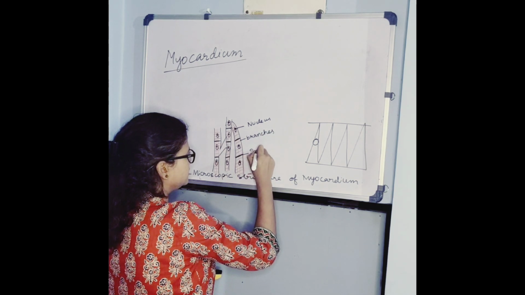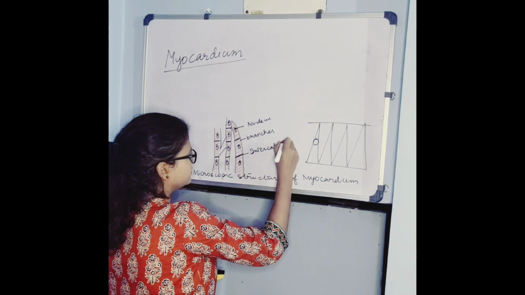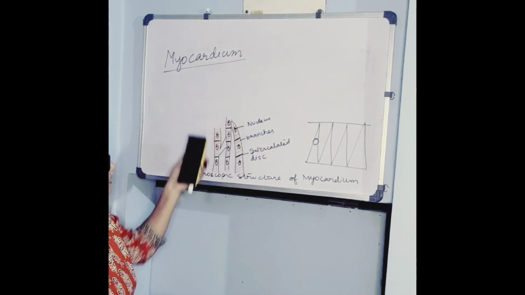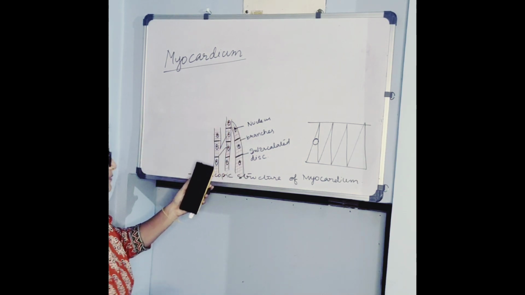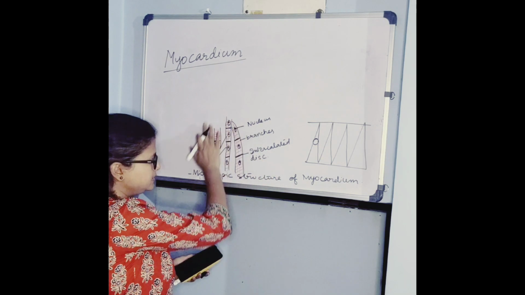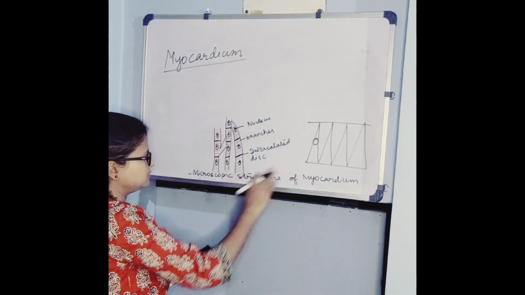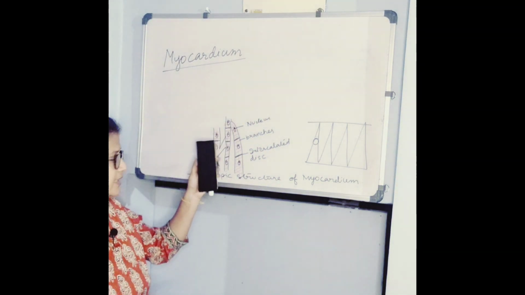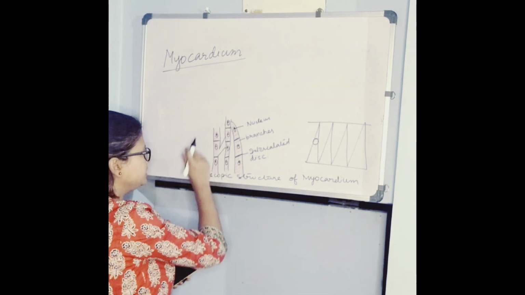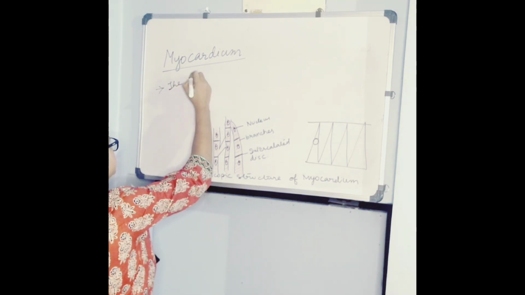This is the intercalated disc. The structure looks something like this in the myocardium: nucleus, branches and intercalated disc. The appearance is like the appearance of a sheet.